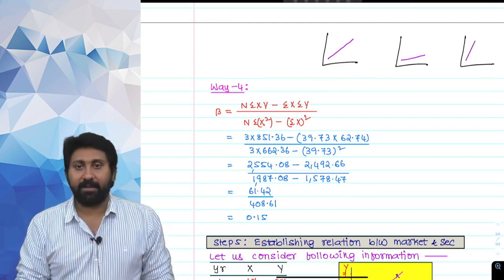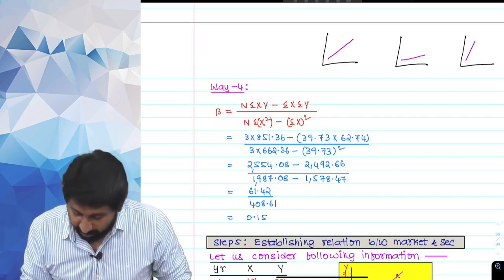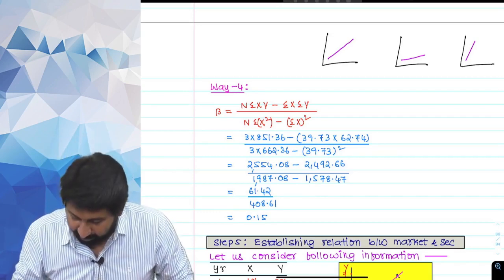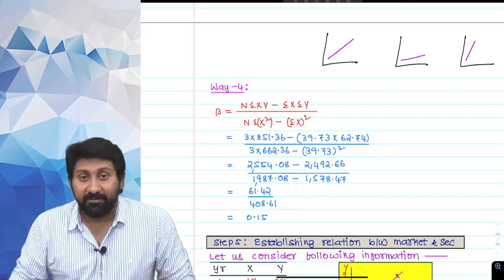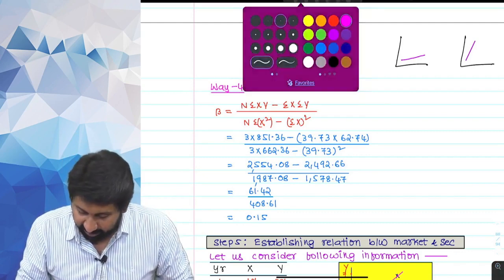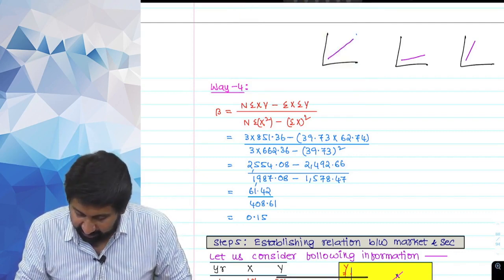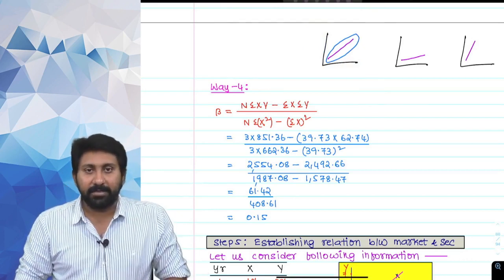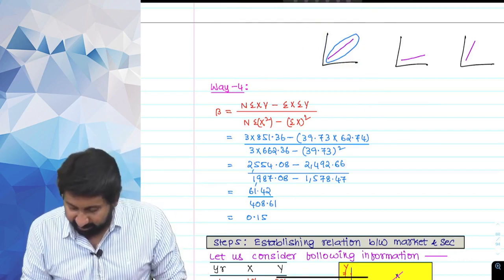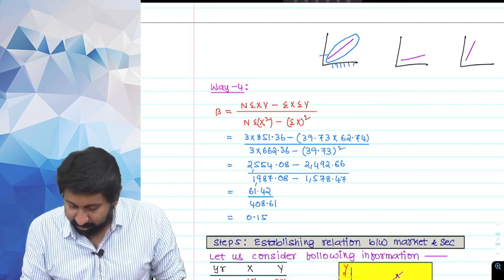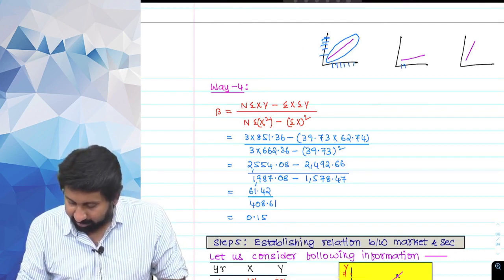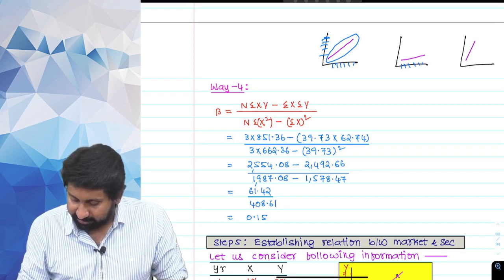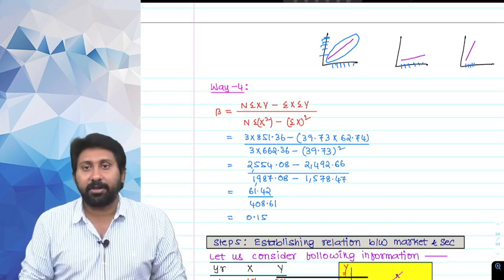Now if you observe the first situation, the line has a nature like this. It means whenever the market rises, security also rises.